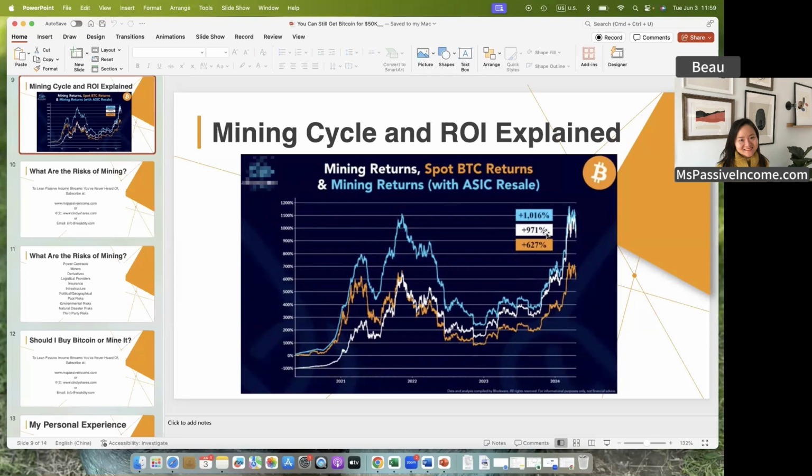And if you mine Bitcoin, your return is about 250% annually. And if you mine Bitcoin and sell your machine at a peak, which is idealistic, you're getting like 250% return every year. It's a 10x in 4 years, which I've never heard anybody be mad about before.